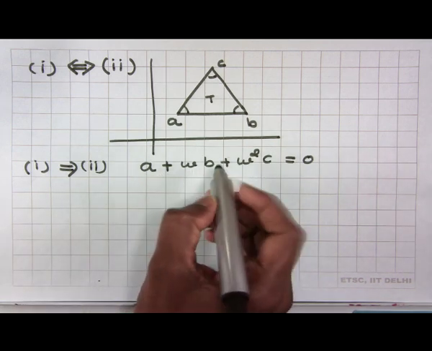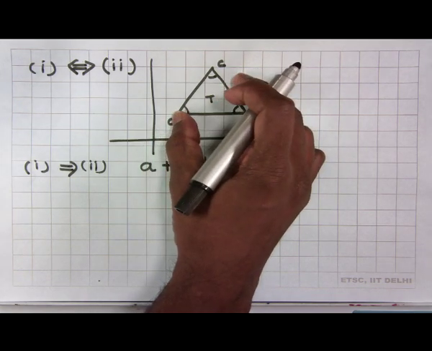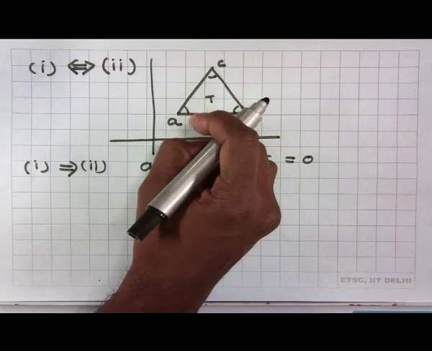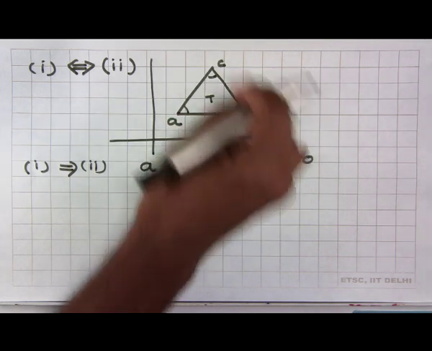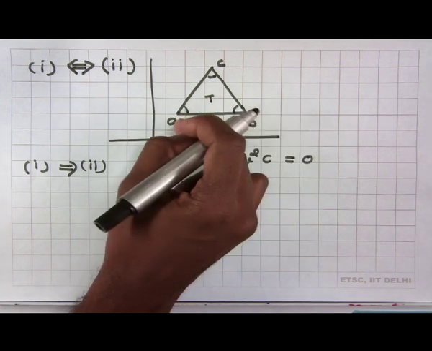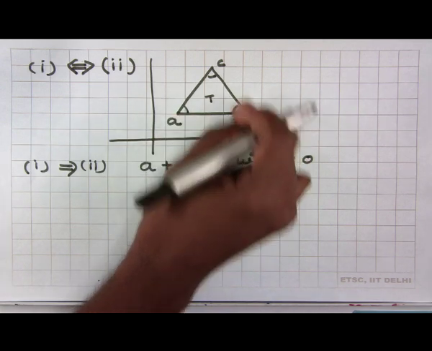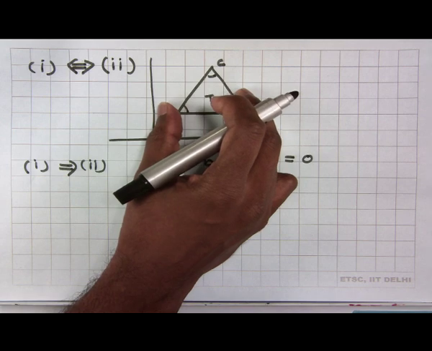So, if I shift this triangle, it means that I am going to add some complex number to all points, otherwise you subtract a point from each point in this particular triangle.